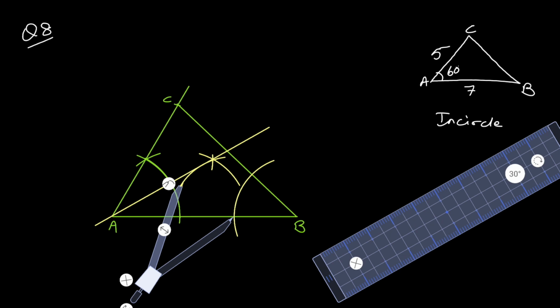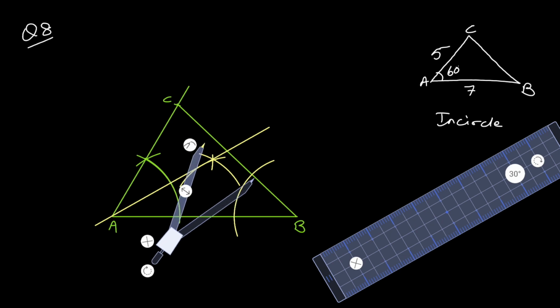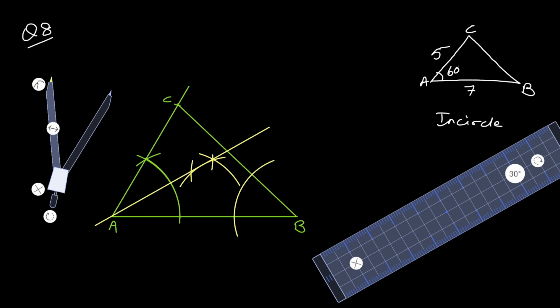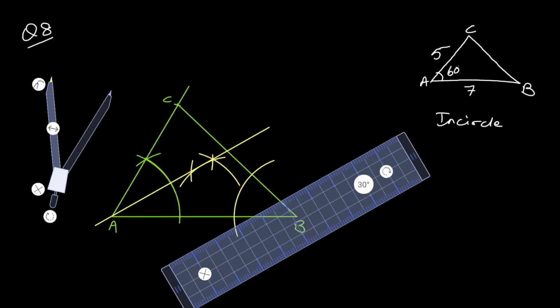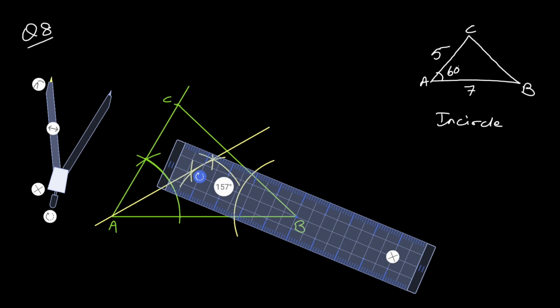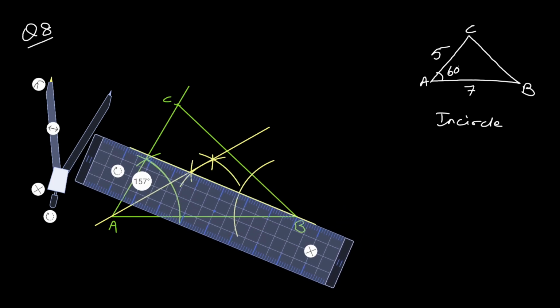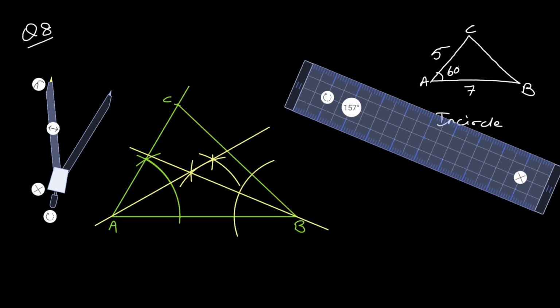From one of the arms you draw one arc and from the other arm you intersect the first arc, and join that point of intersection with vertex B. So this gives you the center of the circle. Let it be point O.